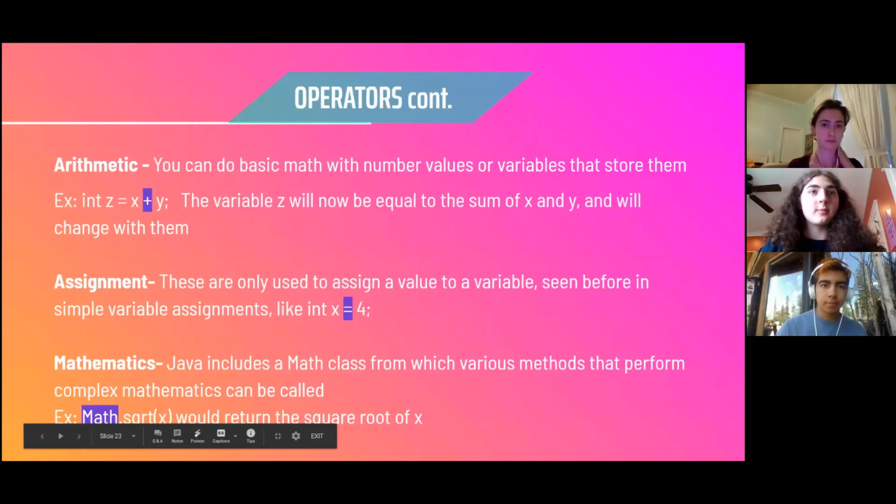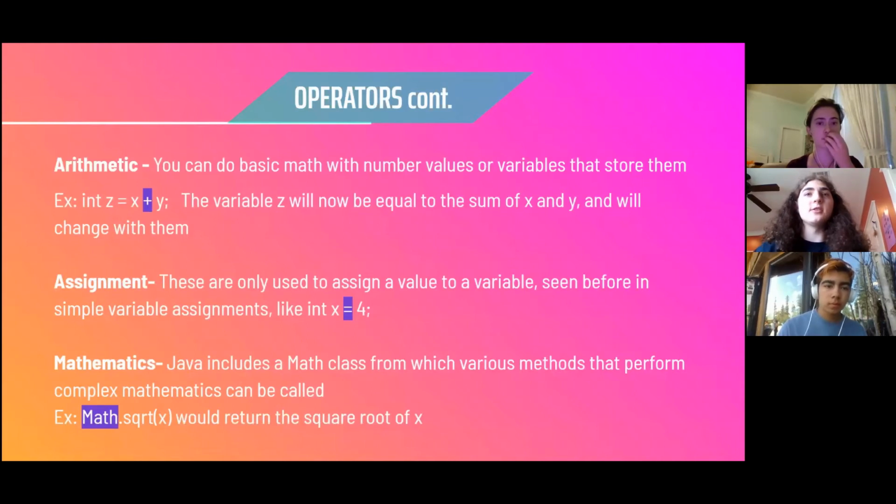All right. So arithmetic operators, there are a few types of these. You have your plus, minus, multiplication and division. There's also an operator called modulus. Modulus is represented by a % sign, and it essentially just means the remainder of the division of two numbers. So you can do basic math with these number values and variables. This can be useful if, say, you have integer z, which is always going to be the sum of x and y.